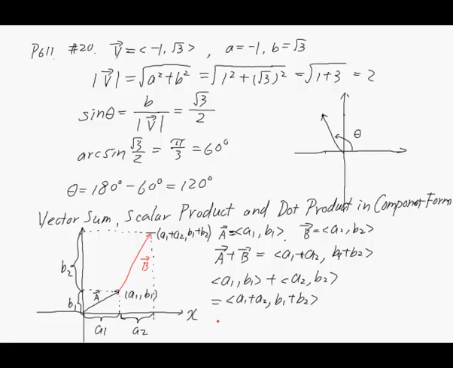And similarly, when we multiply a vector in component form by a scalar k times a, you may just multiply each component by this number k.